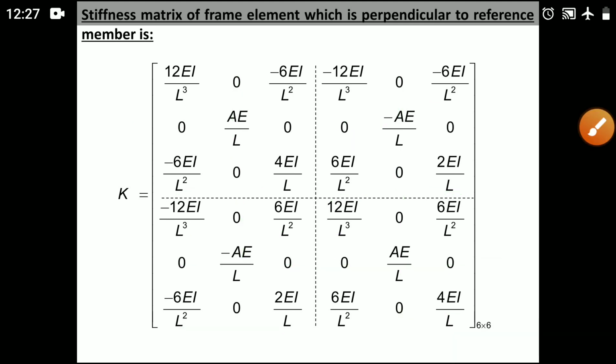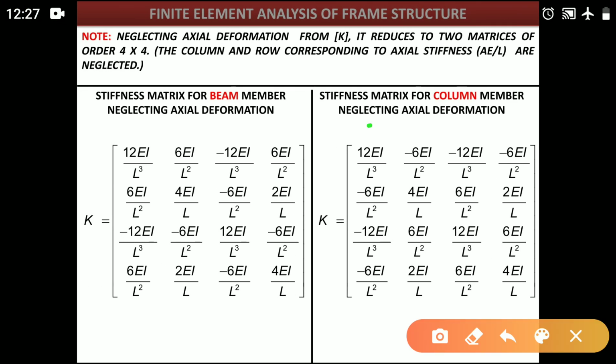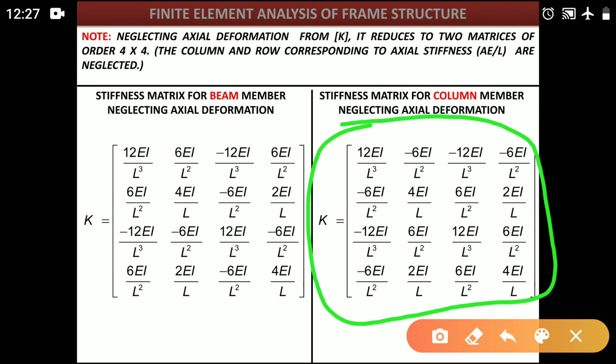All those elements are transferred here into this stiffness matrix for column. Stiffness matrix for column member.